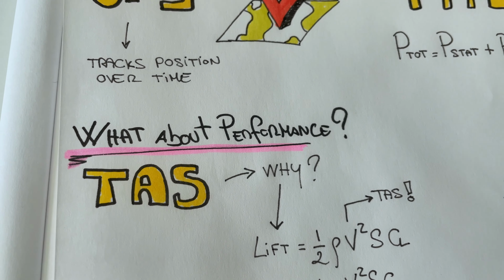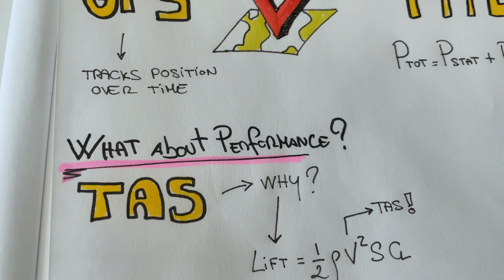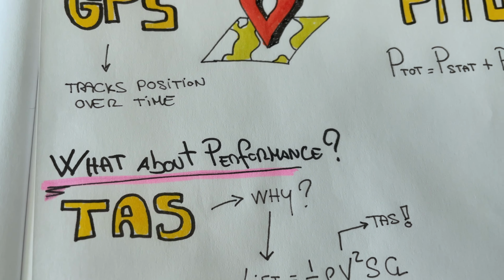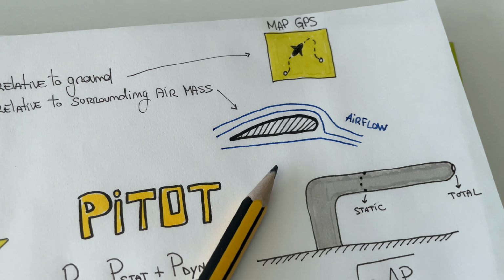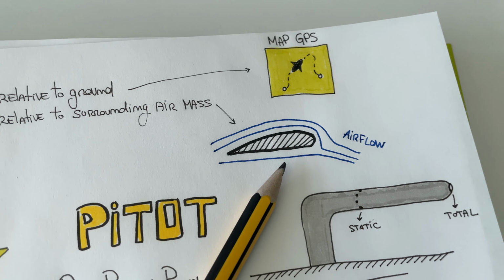Because first of all, the aerodynamic behavior, so metrics like lift, drag, glide ratio, depends on relative airflow over the wing surface, like this. And the true airspeed reflects this concept. When we want to evaluate performances like lift and drag, we have to take into consideration the true airspeed.